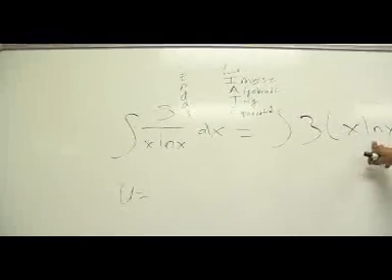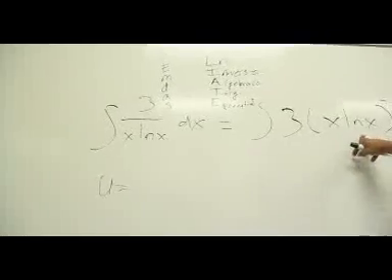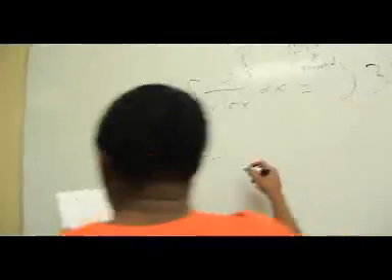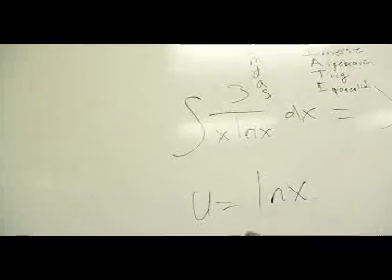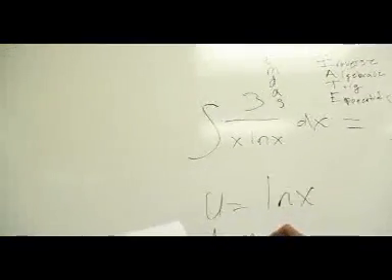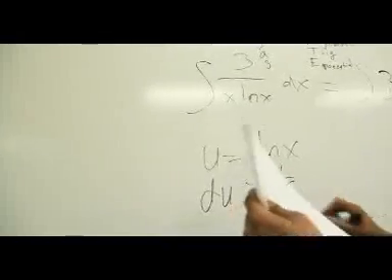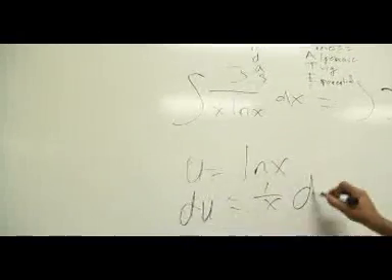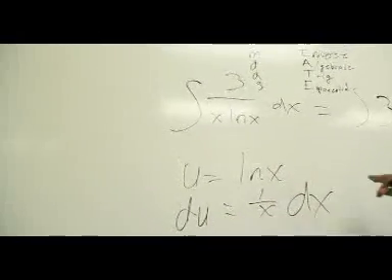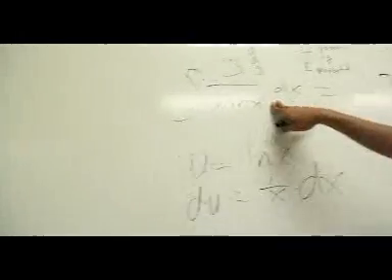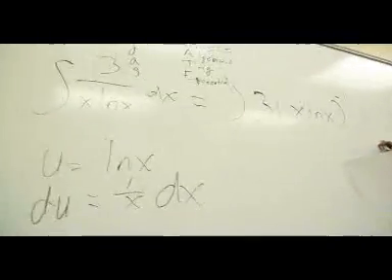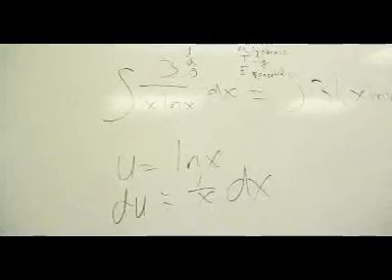So ln comes first on our LIATE chart, so ln x is going to be our u. u is ln x. Our derivative of ln x equals 1 over x dx, always. Now we take this and plug it back into our original function.